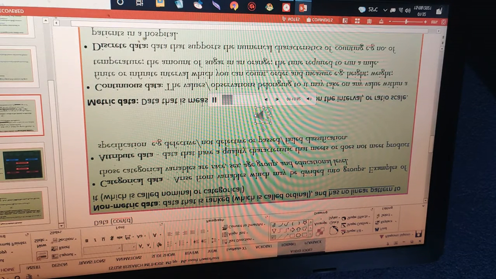So what is categorical data, which falls under non-numeric data? This data arises from variables which are divided into groups. You can have examples in race, sex, age group, and educational level. So you divide them into groups. For example, race: Hispanic, African American, and so on.